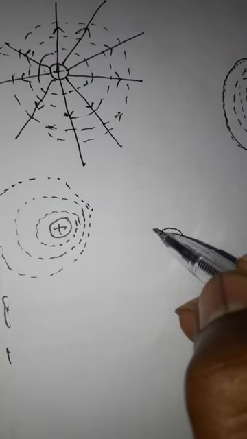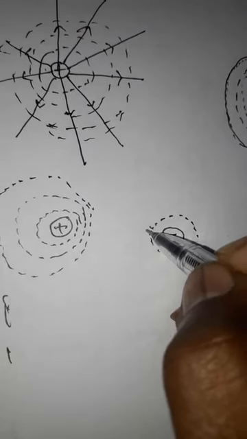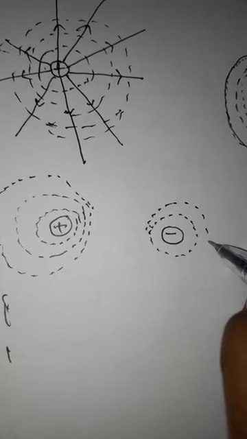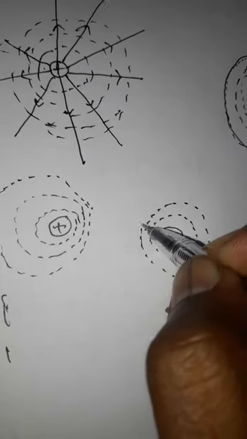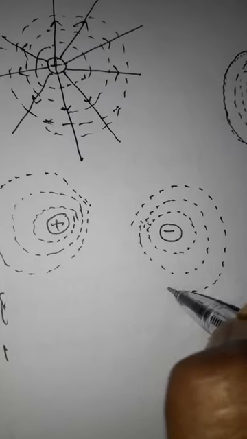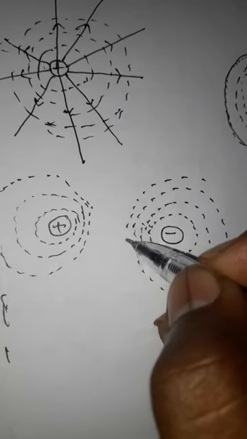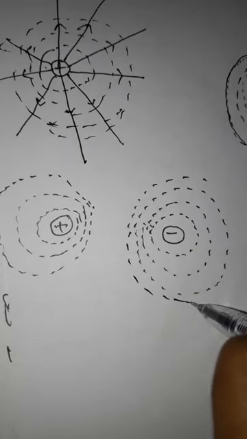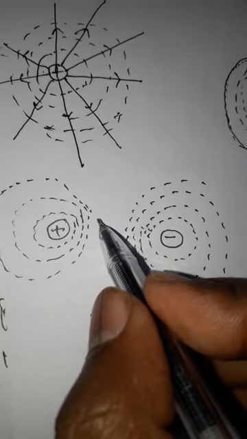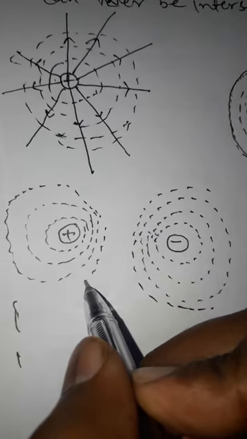Similarly here, outside they are very far away from each other, and inside they are close to each other, like that. So again they are dumbbell in shape.